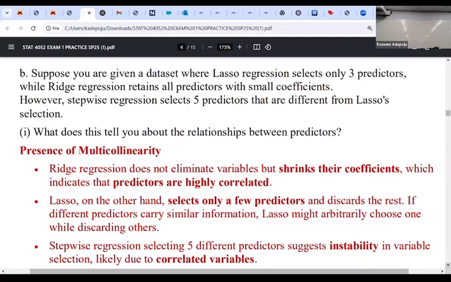That's what you can see. And I said stepwise regression selecting 5 different predictors suggests instability in variable selection. I told you the other time, stepwise regression may not necessarily do the job of handling the problem of multicollinearity.